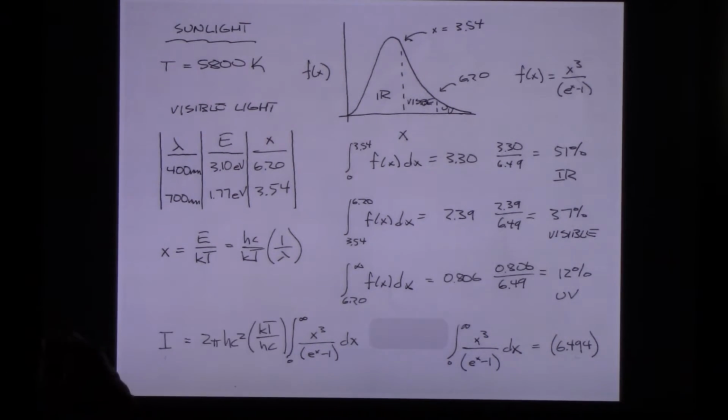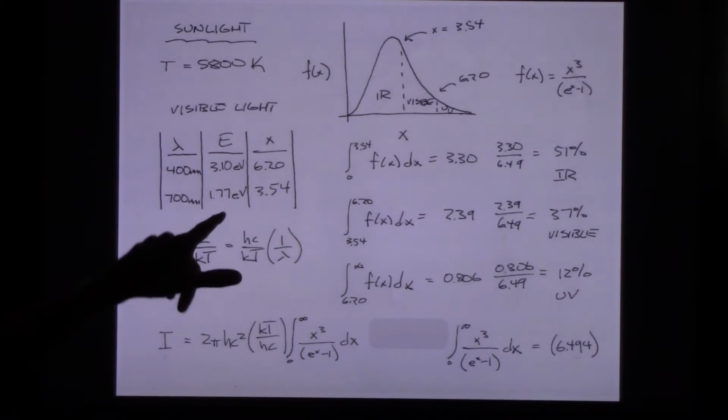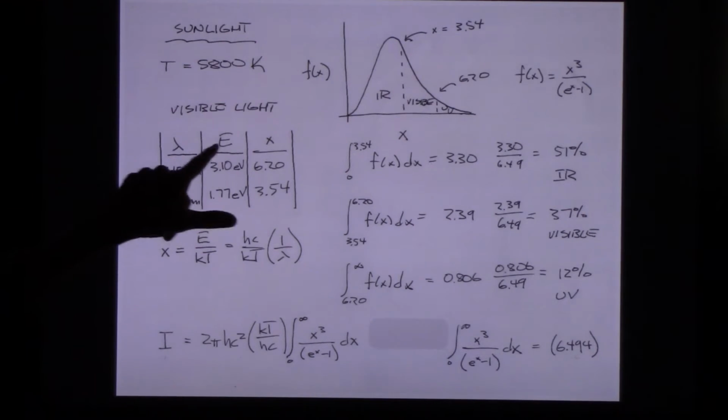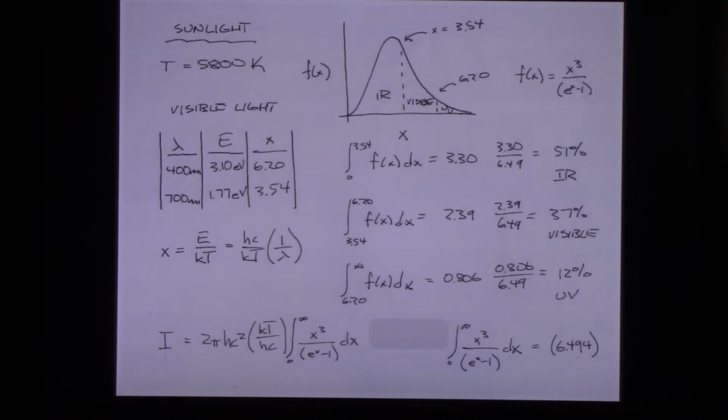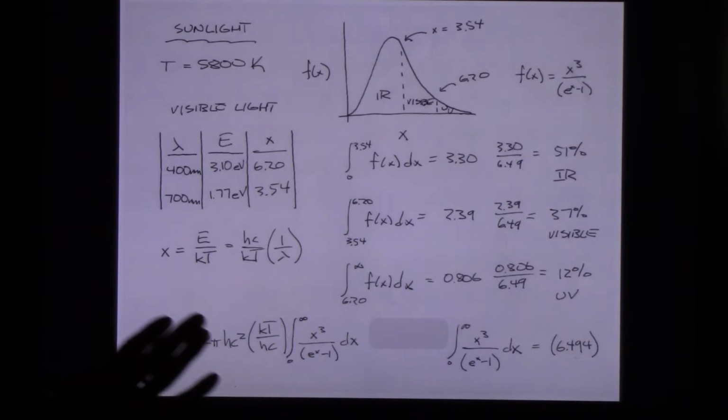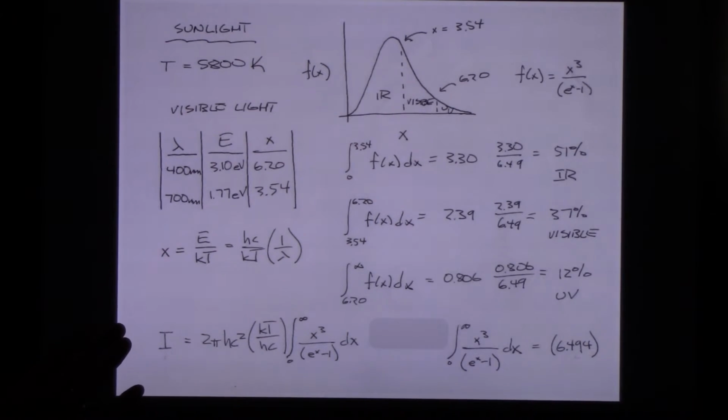When photons of visible light hit my retina and activate it and I experience seeing something, having vision, the molecules in my retina are thinking in terms of this. The photoreceptor cells are thinking in terms of the energies of the photons coming in. That's what boosts them from a lower quantum state into a higher energy quantum state.